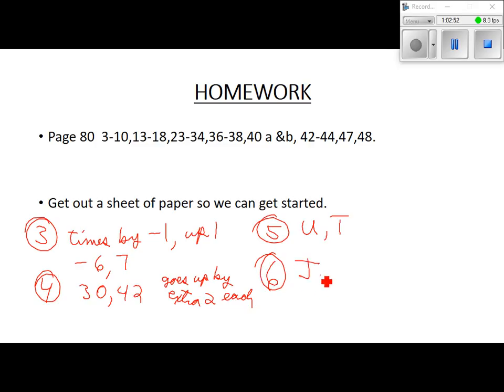Maybe a random letter. Look at it. Think about it.